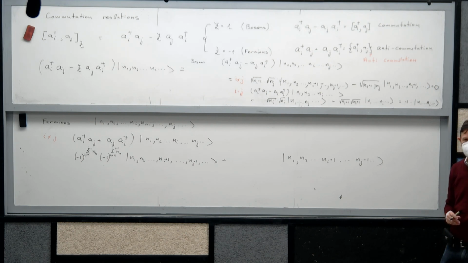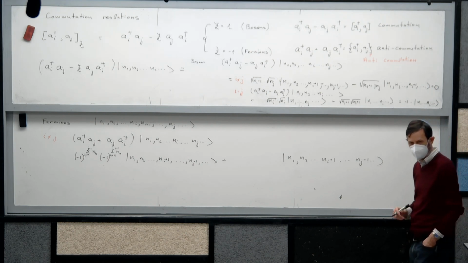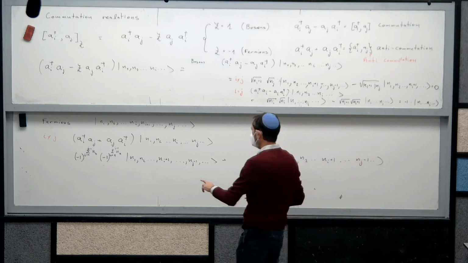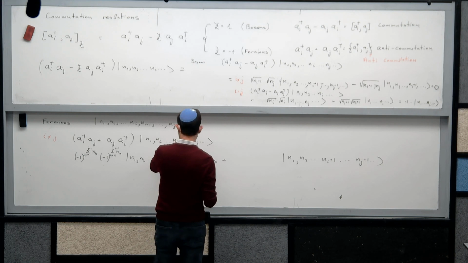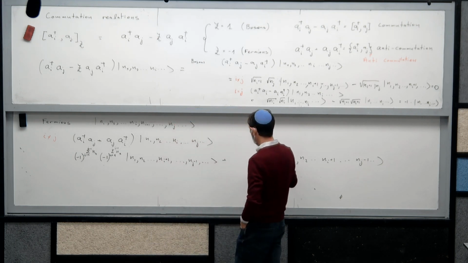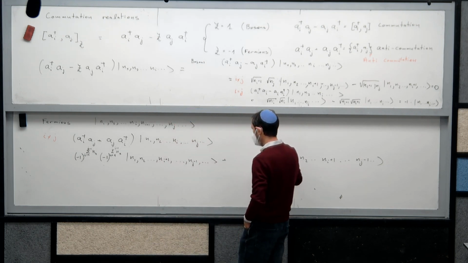The numbers that I summed. Okay, what do I do here? I first create something at i. So this didn't change. I still have -1 to the sum over k equal 1 to i minus 1 of n_k.